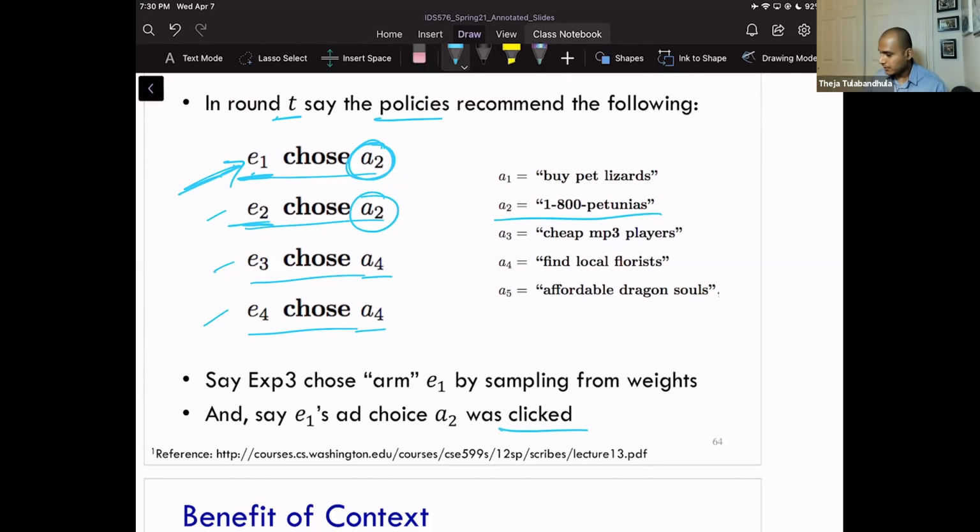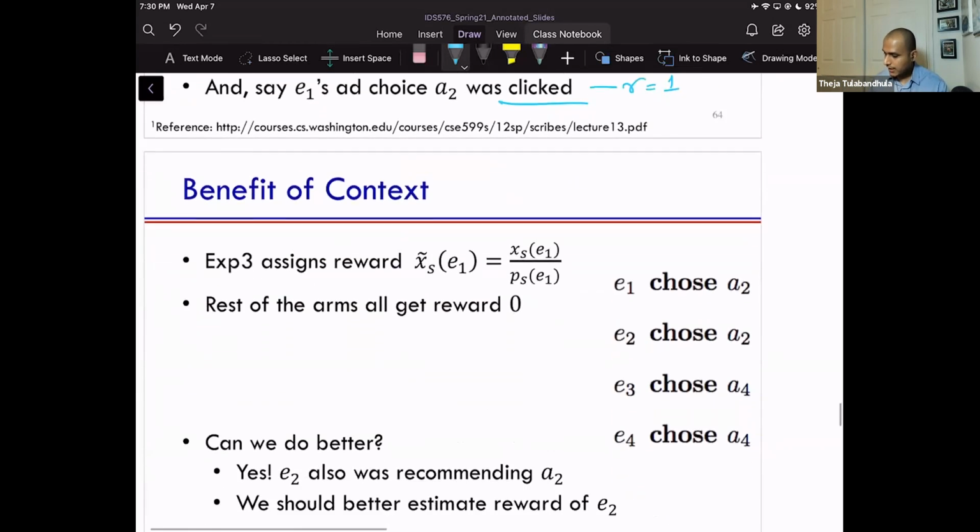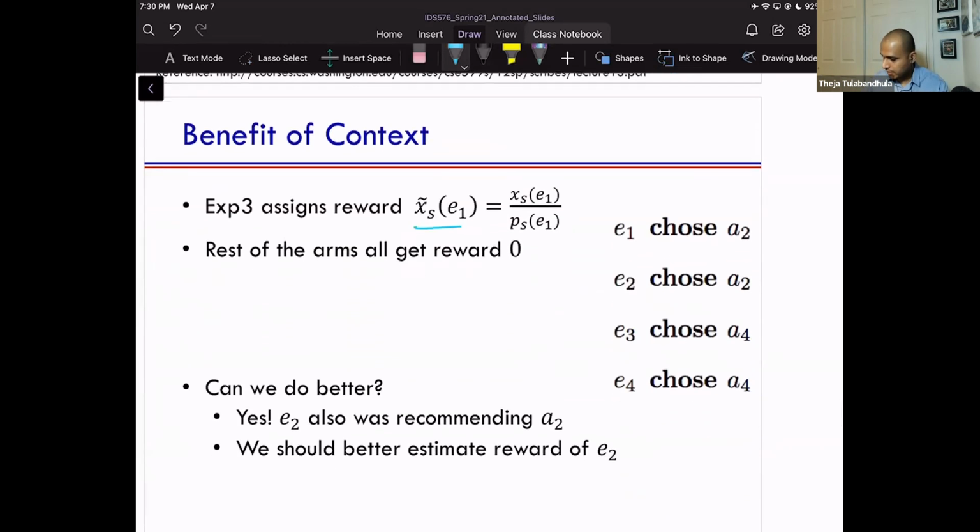So you got a reward, let's say a reward of +1, for the action that you took. You took policy E1, and for that you got a reward. So you can assign a reward to policy 1, using the same calculation that we saw earlier: the reward divided by the probability with which you took that policy.